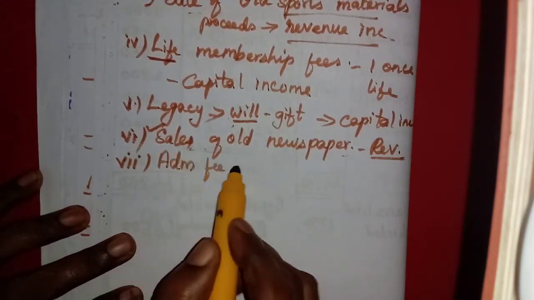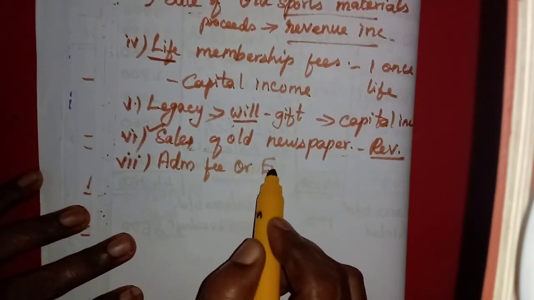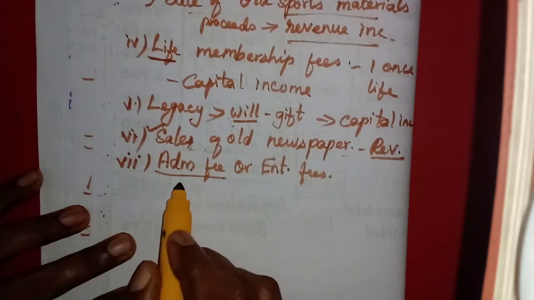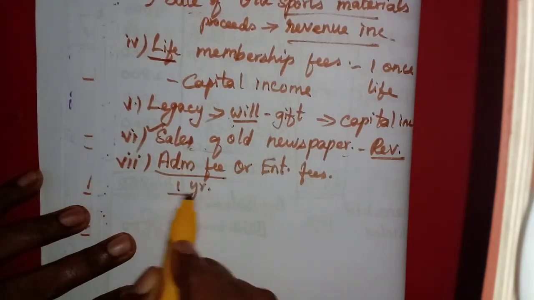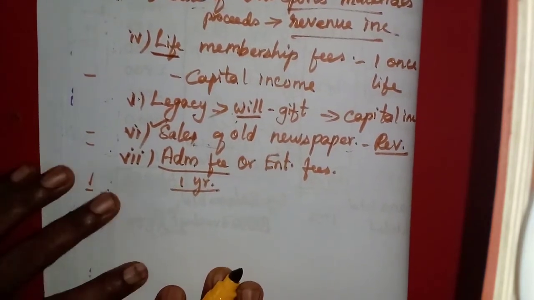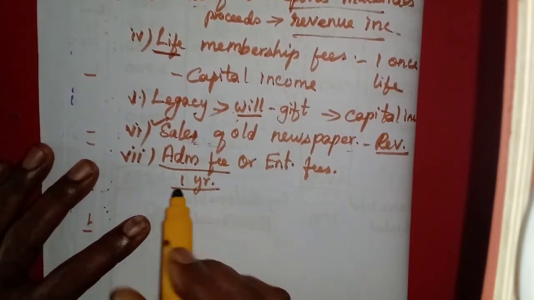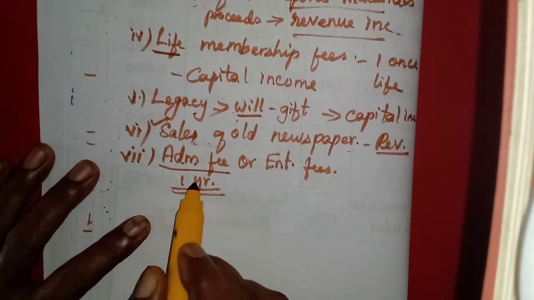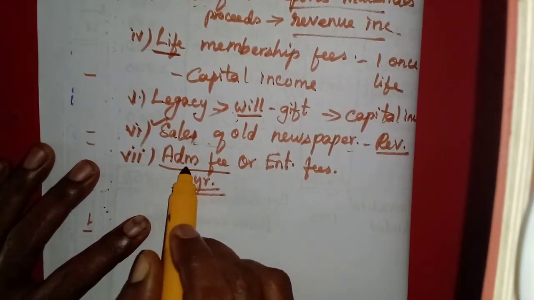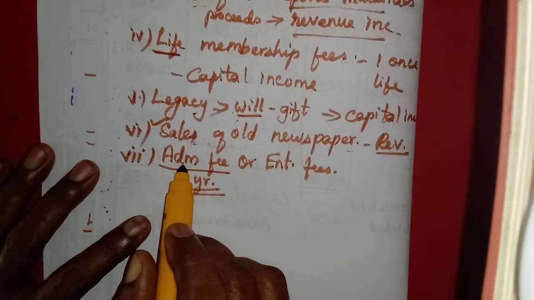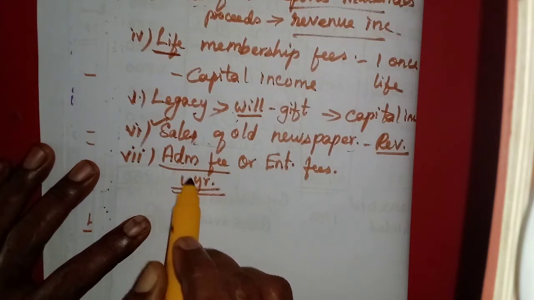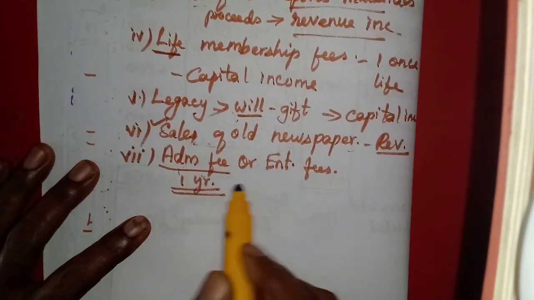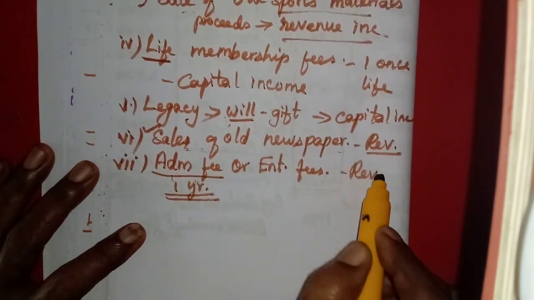Then the seventh one, admission fees or entrance fees. Here, this admission fee is collected every year, isn't it? From the new members, even we pay in our school, students pay admission fees. For our institution, they receive it, but you may think once we pay we do not pay every year. But the new students will be admitted every year, so it is a revenue income.